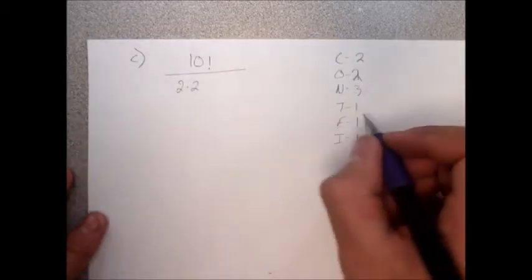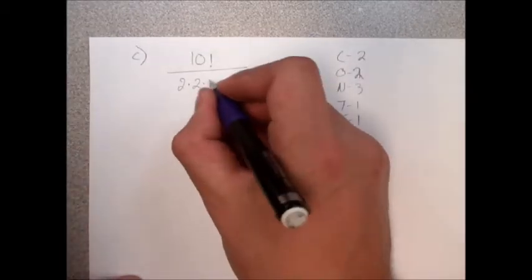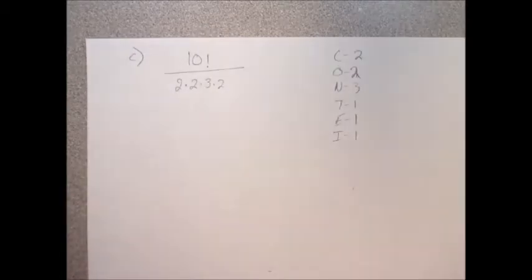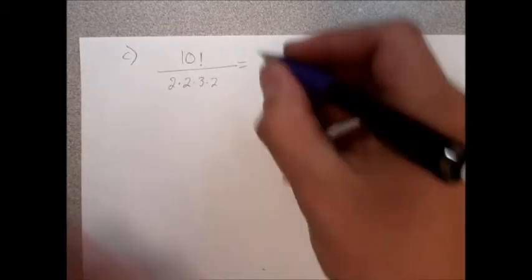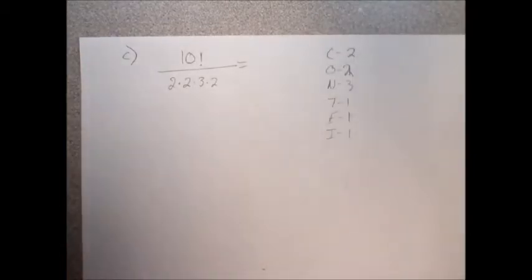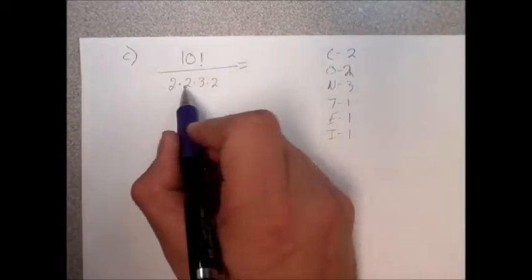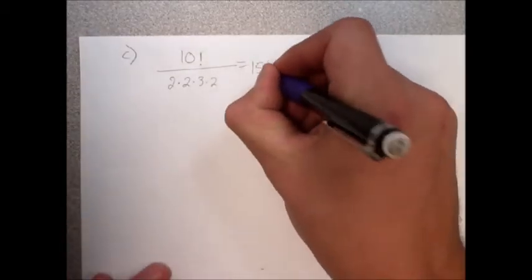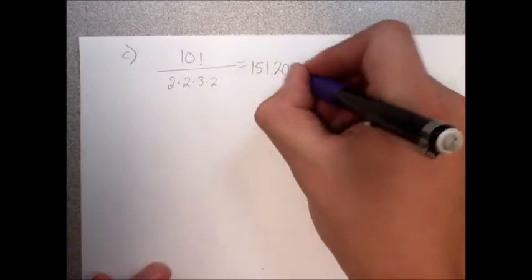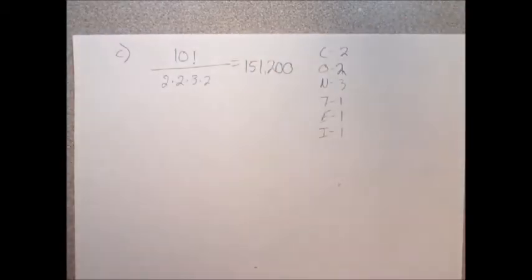And then 3 factorial, which would be 3 times 2. Okay? And then I would simplify it down as much as I can. So whatever 10 factorial is, big long number, 3,628,800, divided by 2 times 2 times 2 times 3 will give us 151,200 distinguishable permutations.